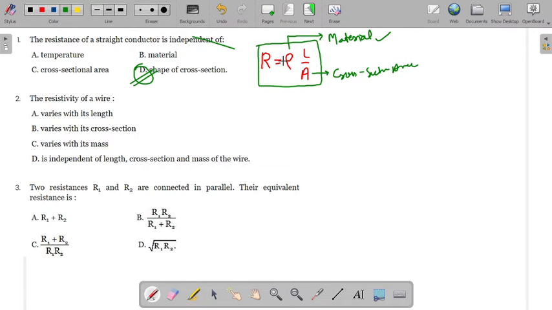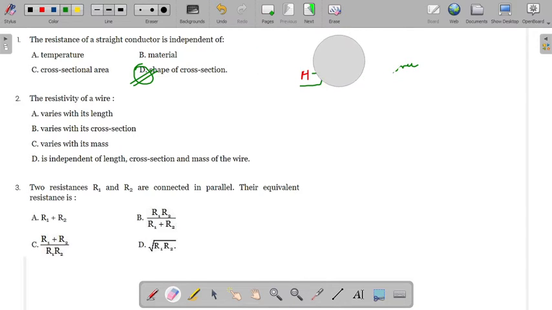So basically the resistance of any material or any straight wire is independent of the shape of cross section. Shape of cross section has no role in deciding the resistance of any conductor. Okay, so this is the right answer.